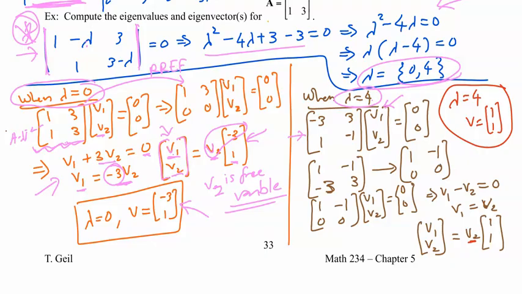Now I'm going to pause the video and change it into reduced row echelon form. So I got this. If I write it as an equation, V1 minus V2 equals 0, so V1 equals V2. Again, V2 is a free variable.